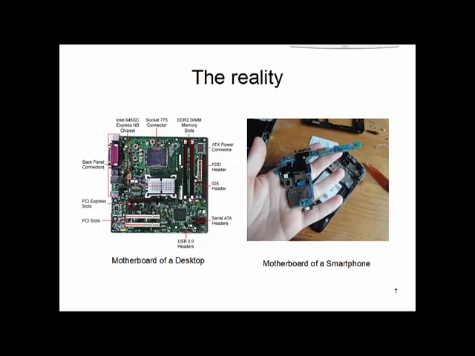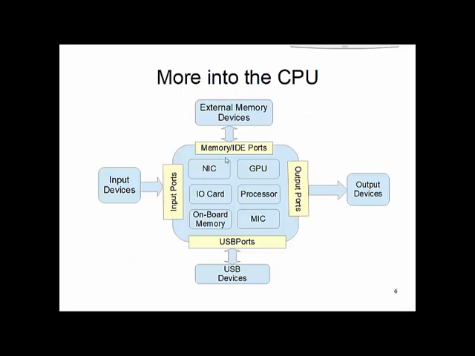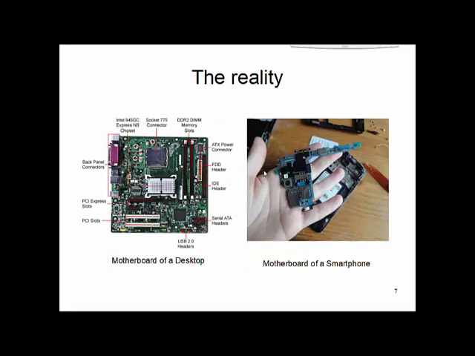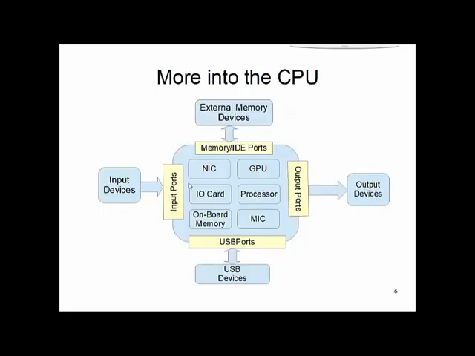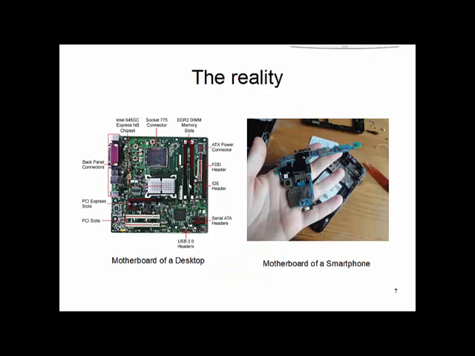But the point is that we can map this nice clean picture, with different blocks, onto certain components on this motherboard. That is the relation between the clean picture view and the real-life motherboard.